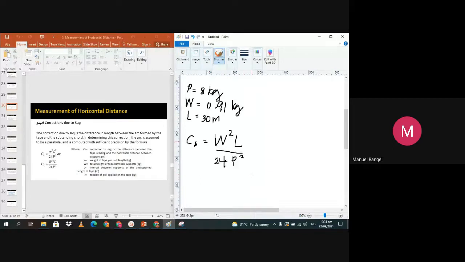For direct substitution, that is equal to 0.91 squared, times the length, which is 30 meters, divided by 24 times P squared of 8.